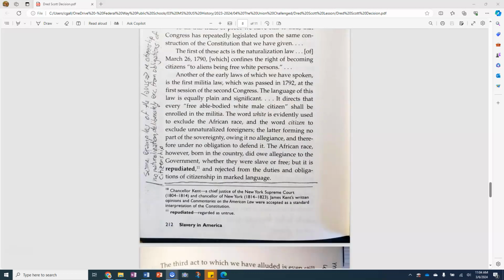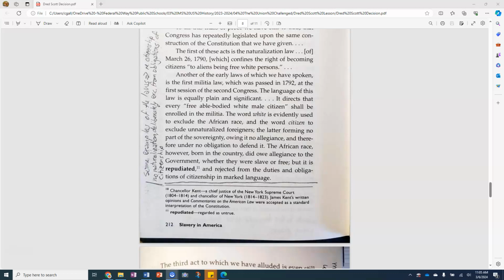Another of the early laws of which we have spoken is the first militia law. Militias are, if you've never heard that term, probably the best example, and the way in which he's using that word militia, because it's got some slightly different meanings now, would be to think of like the state National Guard. Okay.